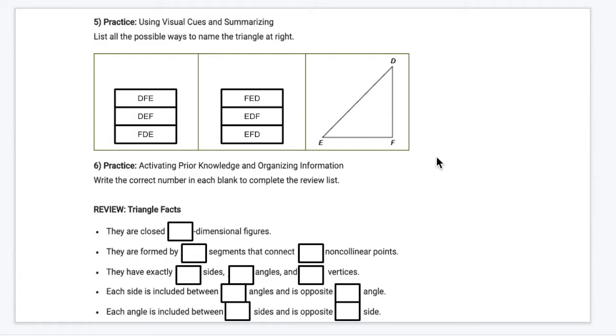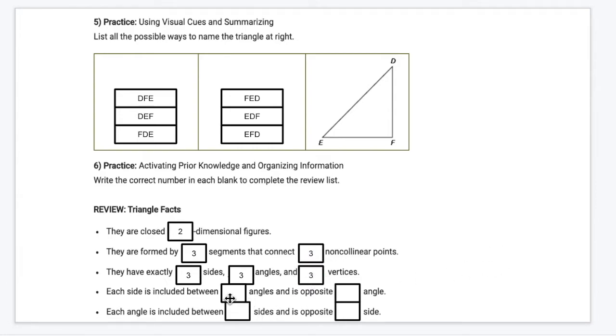Okay. So let's just review some facts that we know about triangles, right? So they are 2D figures, so they're lying flat on a surface, right? It's not like we can prop them up like a 3D figure. And they are formed by 3 segments, right? Because they have 3 sides that connect 3 non-collinear points, so they're not all on the same line. They have exactly 3 sides and 3 angles and 3 vertices, right?